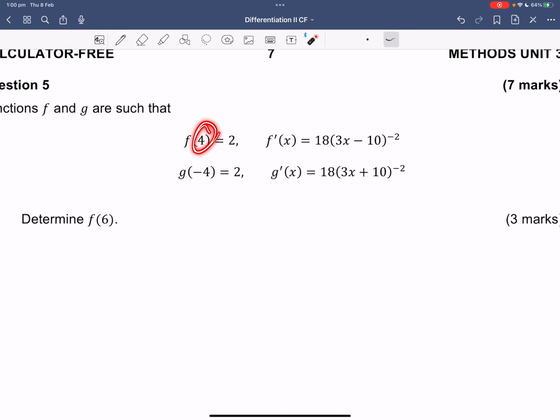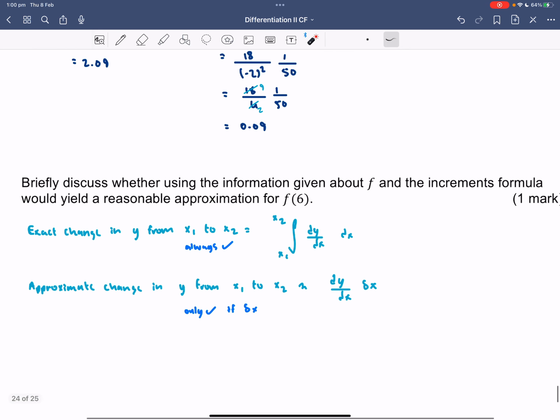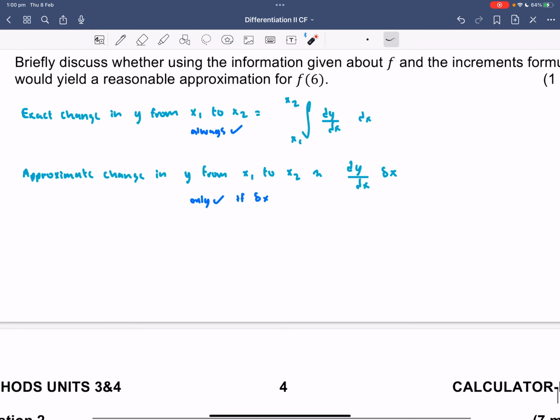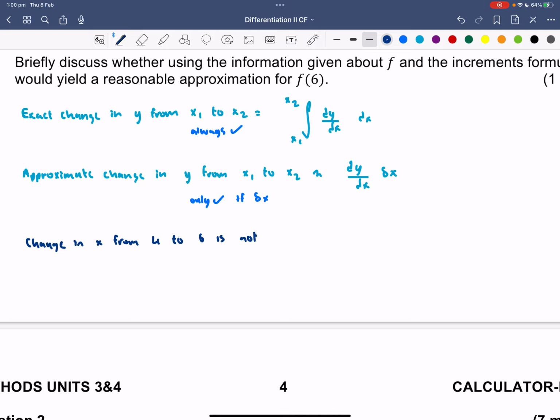Now, guys, jumping from an x value of 4 to an x value of 6 is not a small change. It's like 50% more, so you can basically say it's a 50% increase.